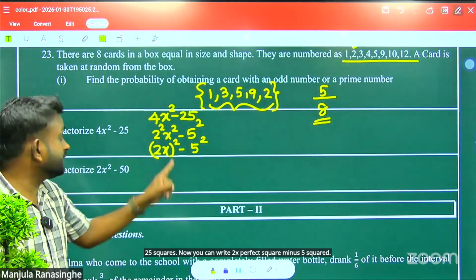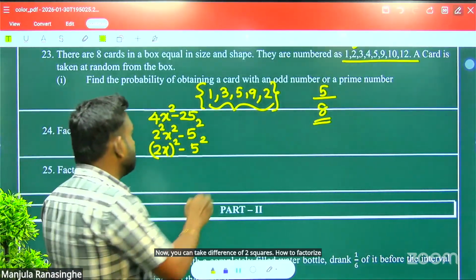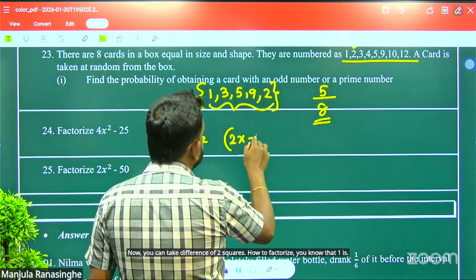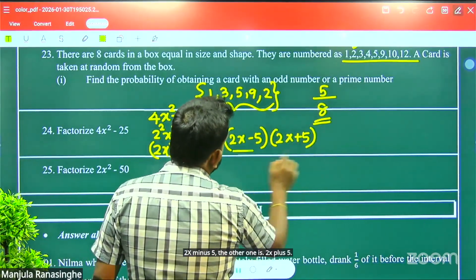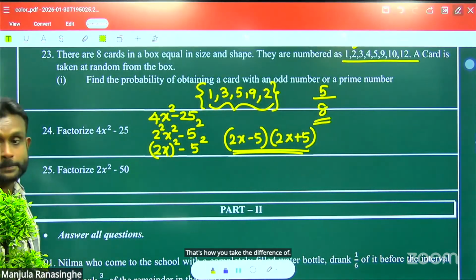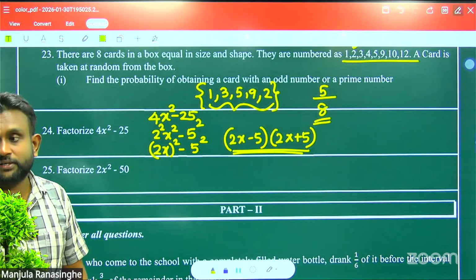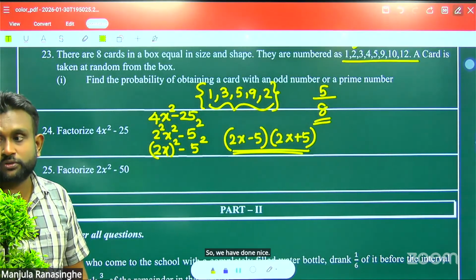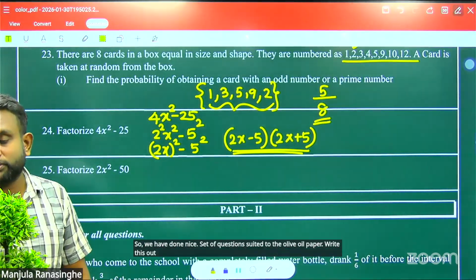Now you can take the difference of two squares. One factor is 2x minus 5, the other is 2x plus 5. That's how you take the difference of two squares. So we have done a nice set of questions suited to the all-island paper. These are in the all-island paper as well.